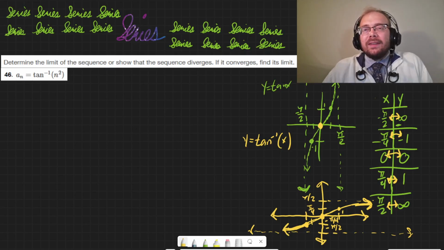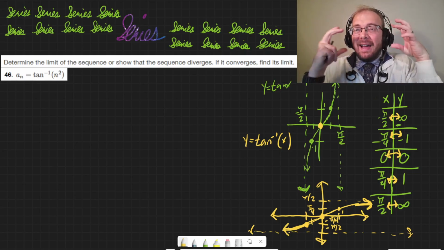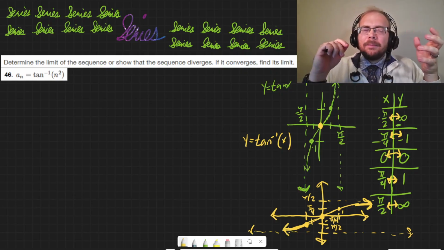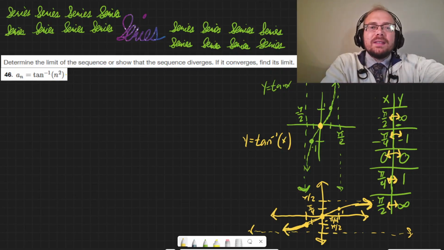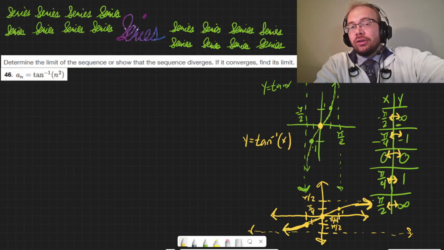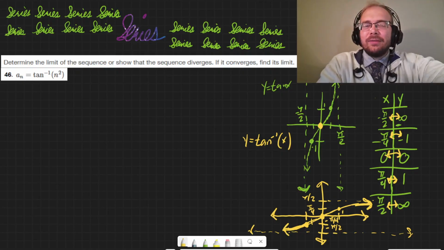What's inside the parentheses is going to infinity faster for n squared than it would be for n. Does that make sense? So this is still going towards pi halves. It's just going towards pi halves faster than a tangent inverse of n.